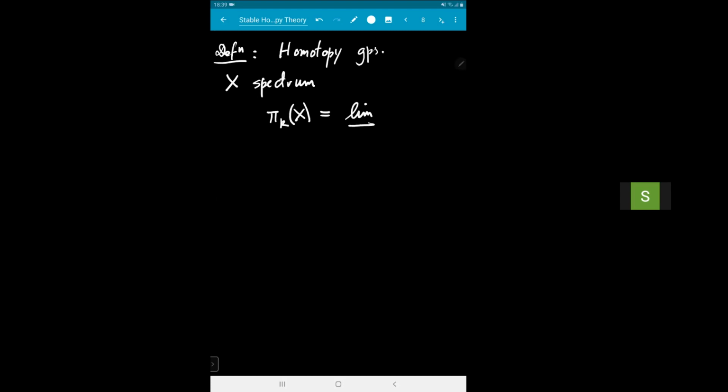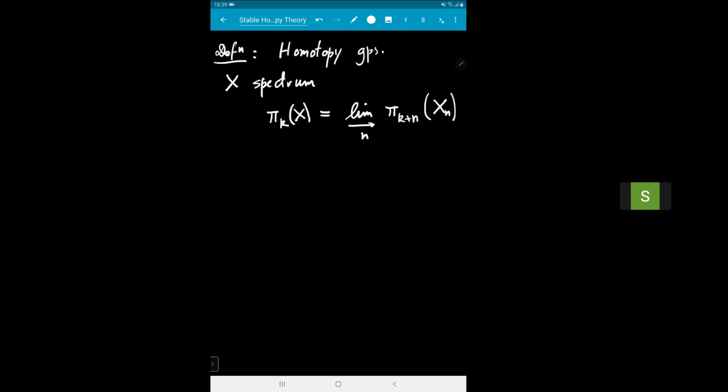Next page. So now, homotopy groups, definition. If X is a spectrum, you define π_k of X to be the direct limit over n of π_{k+n} of X_n.